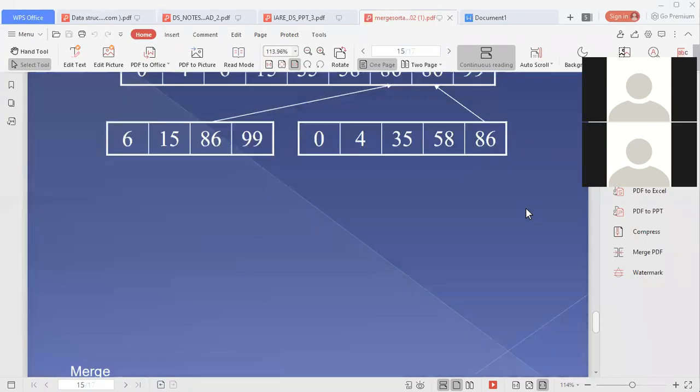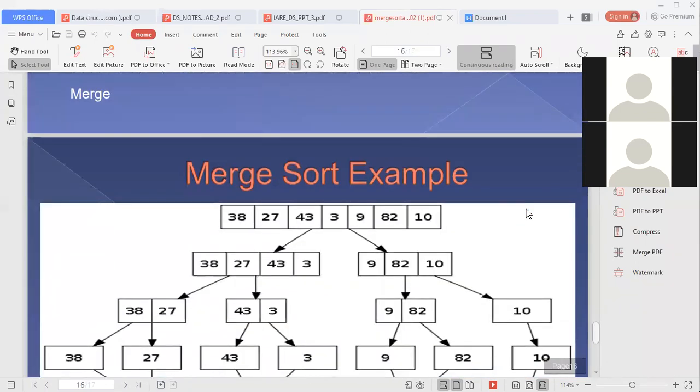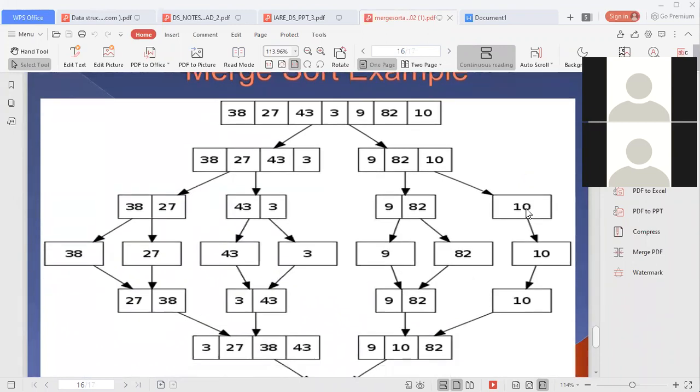Okay, this is the sorted array. Next, there is one more example. This gives you a complete drawing about division, again sorting. Look, there are 7 different elements.